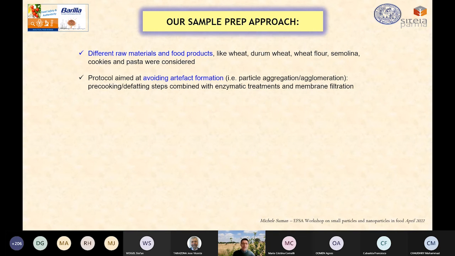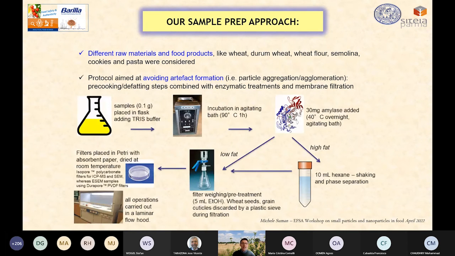So we tried to set different protocols combining pre-cooking, defatting, and enzymatic treatments, and membrane filtration only when necessary. Here in front of you is a scheme of the different potential treatments that can be done in terms of enzymatic or not, defatting or not phases, depending, as I said, on the specific category of product in question.